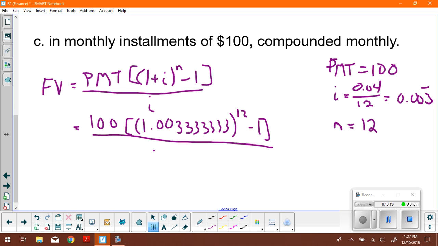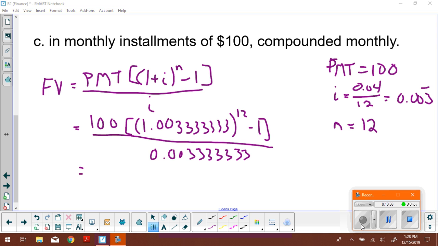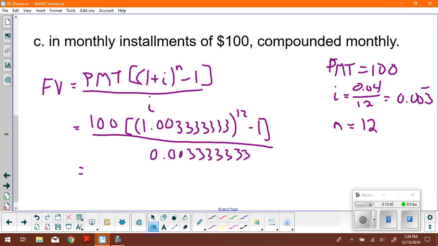And that's all divided by 0.0033333333. And once again, it's just a matter of running it through our calculator and seeing what we get. $1,222.25.